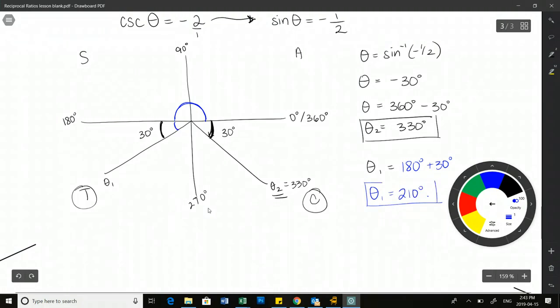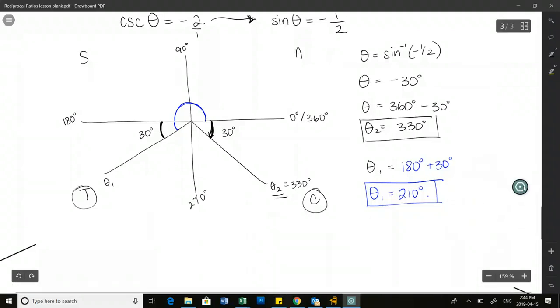Okay, now I can do a quick little check if I want to. We talked about how we can do this check on Friday. Does anyone remember? Yep, if you type into your calculator the sine of 210, you should get -1/2. And if I type in the sine of 330, you should get -1/2.